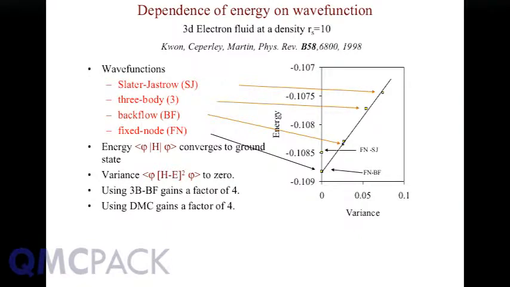Here is a somewhat better trial wave function, which involves so-called backflow. And you see that both the energy and the variance came down. Also, you see that generally speaking, these points lie on a fixed line. That gives us an idea of where the exact answer is, which is down here.